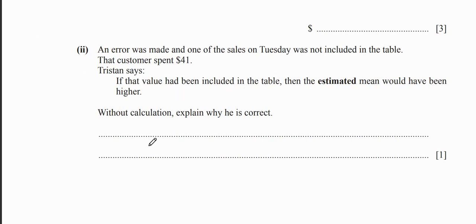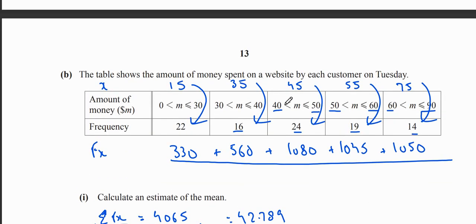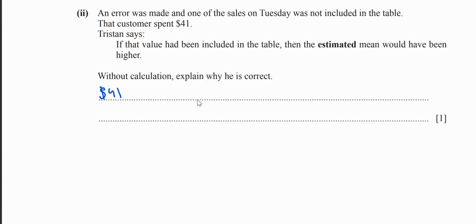So look, the reason is because if you look at the question, $41 is in the interval from 40 to 50. So $41 is in that interval. And the mid interval, what's the mid interval?